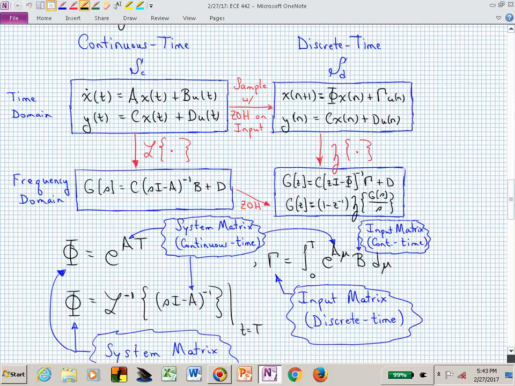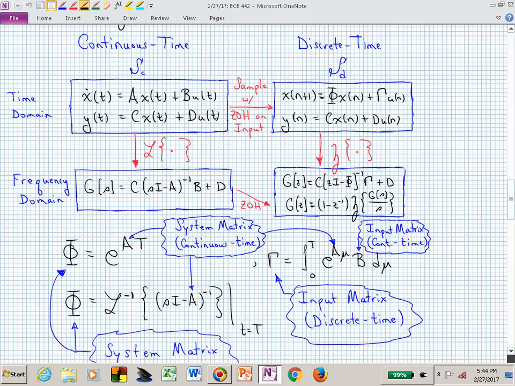But if we have a G of S, we know how to find the zero-order hold equivalent. That's just (1 minus z to the minus 1) times the z transform of G of S over S. If you now had your system in the time domain state space representation with phi, gamma, C, and D, then we would have a transfer function, G of z, as C times (zI minus phi) inverse gamma plus D. Exactly the same structure that you've seen before for the continuous time.